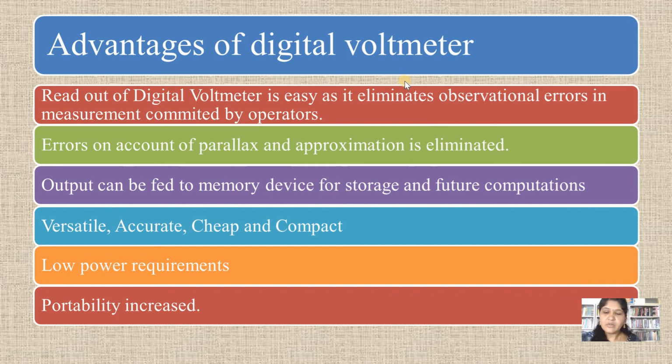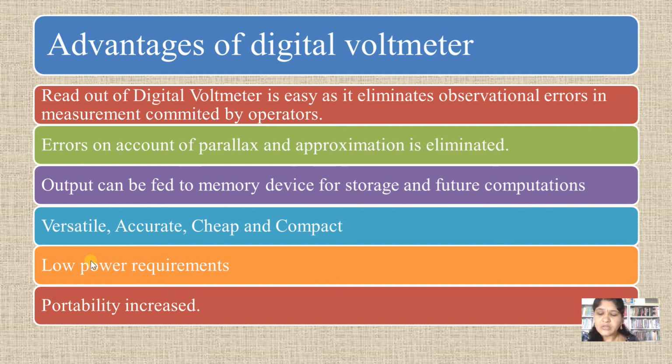So these types of errors can also be eliminated with the help of digital voltmeters. Memory devices can also be connected to them, so the output of the digital voltmeter is stored in memory and can be used for future computations.